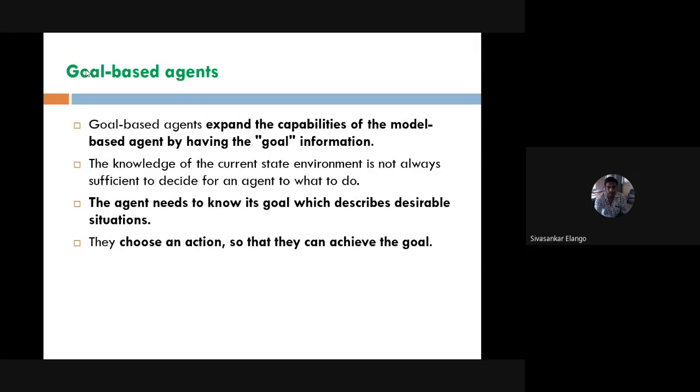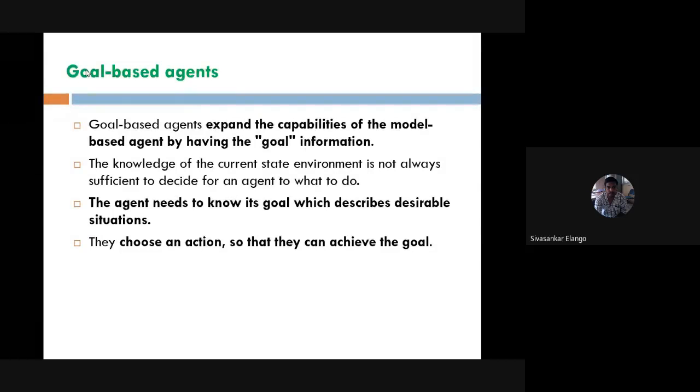So goal-based agents are an extension of model-based agents by having goal information. So it means that they have a knowledge base about how the world evolves. It has an internal state to store the percept history, whatever information comes in as percept from the environment is stored in the percept history.